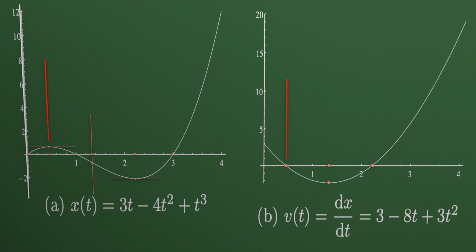Furthermore, if you look at graph B, you can notice that at that moment the line is crossing the t-axis, so it means that speed is equal to 0. But remember calculus, if the first derivative of some function is equal to 0 at some point, then at that point the function can have a maximum or minimum value.